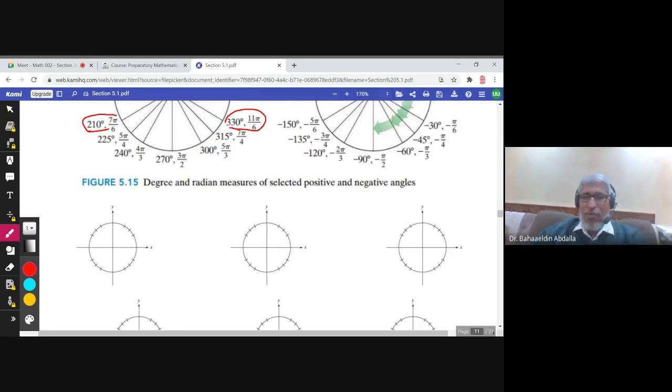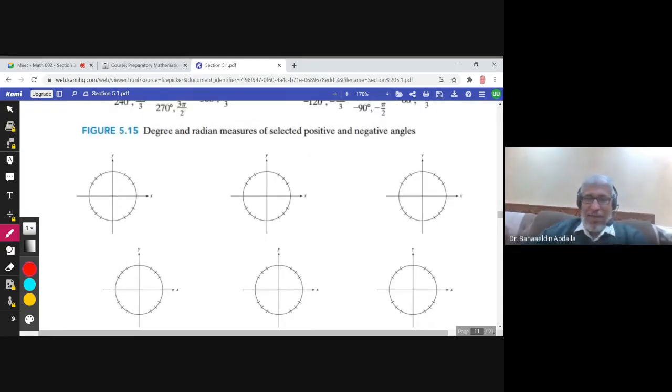So when I give you this circle, let us now concentrate on the angle 90. If you go in the positive direction, this is 0, this is pi over 2, this is pi, this is 3 pi over 2, and this is also 2 pi.